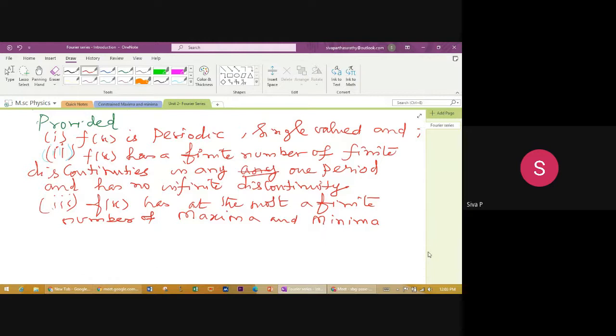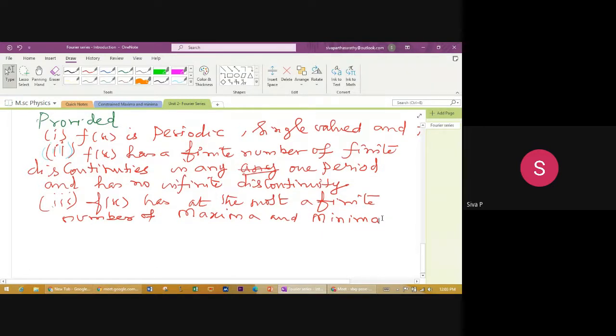Now you can see we have already discussed what is called periodic. Single valued, you can refer to what is called a single valued function. That was already studied in ninth or tenth standard. What is called the function?